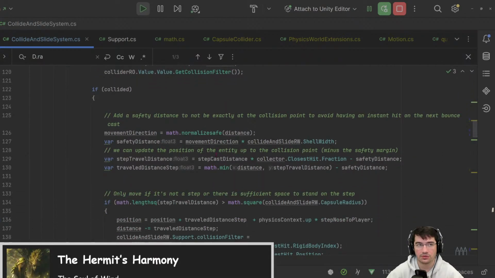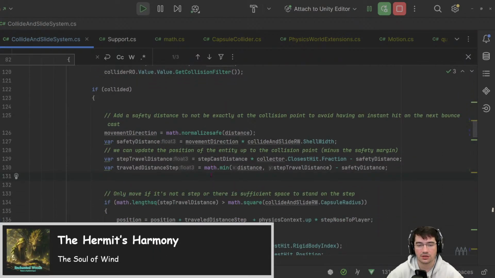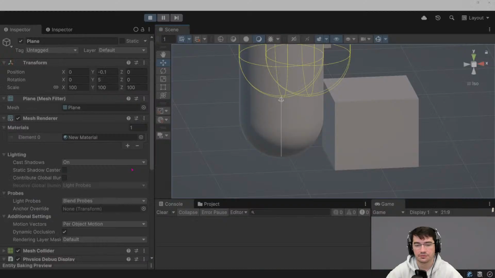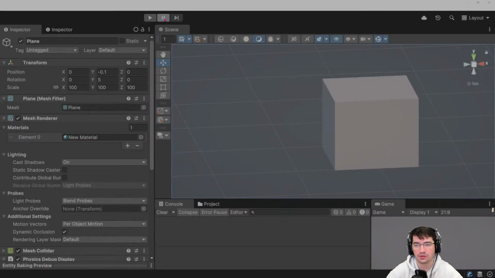I will draw another capsule at the destination position.